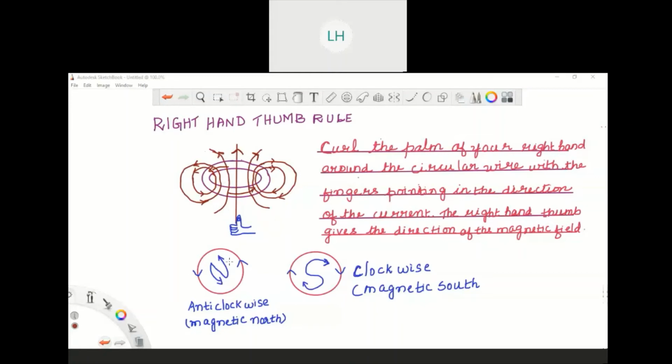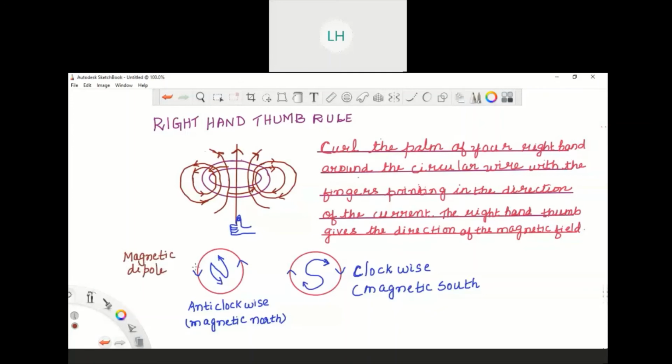And one more thing is also very important here, children. A current loop behaves as a magnetic dipole.